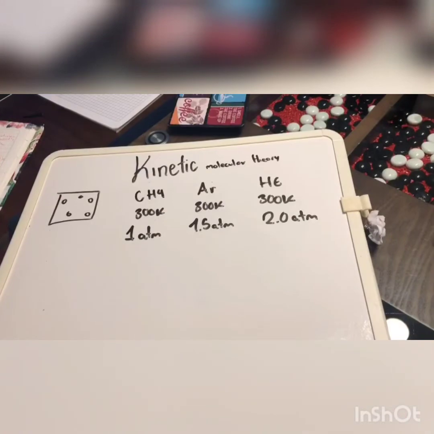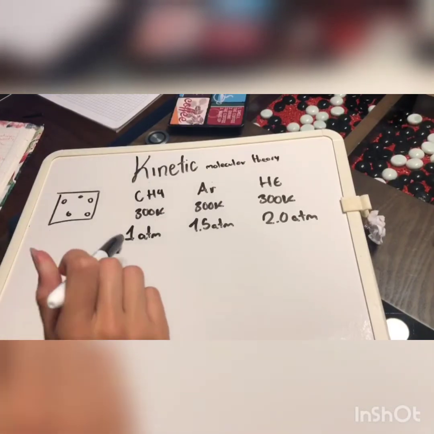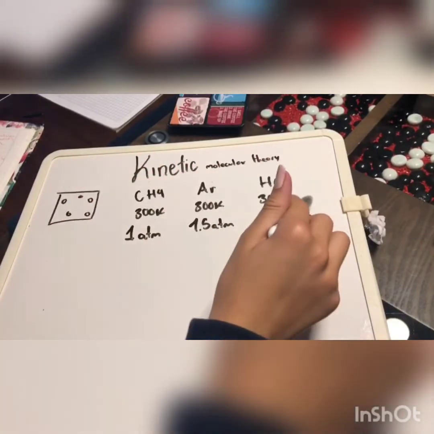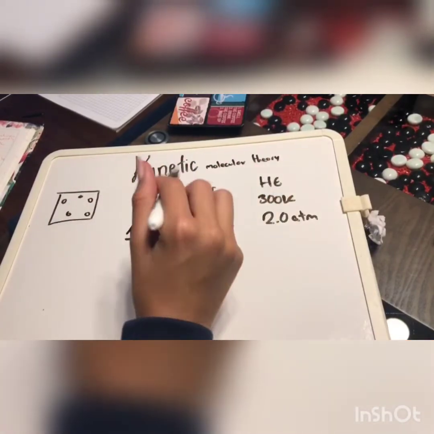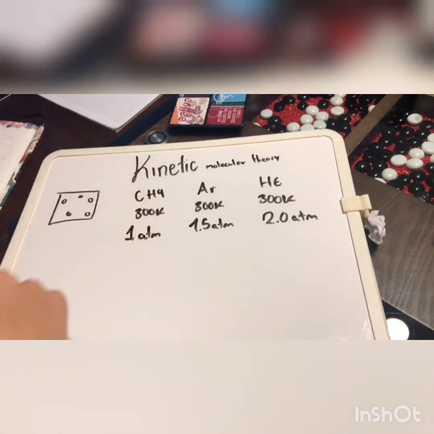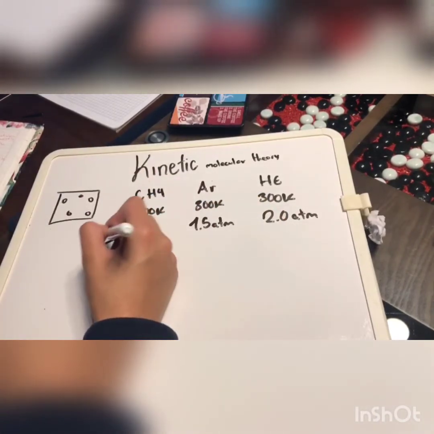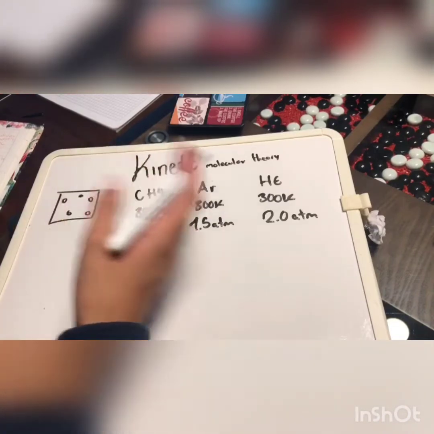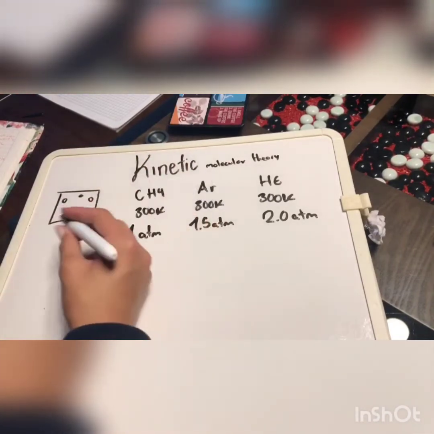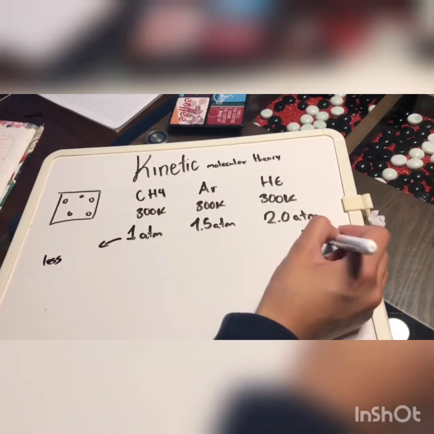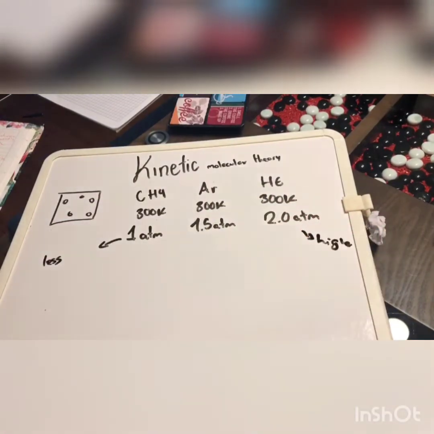So here we have methane, argon, and helium. They have the same temperature that is measured in kelvins, that means the K, and the pressures could be different. This is less and higher pressure.